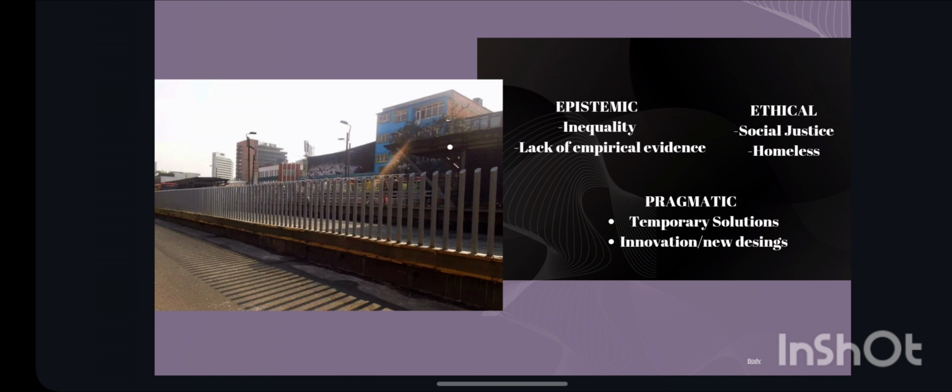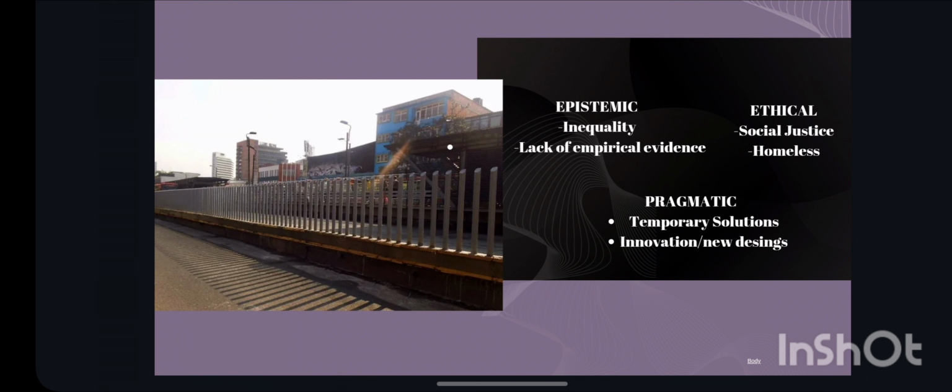The last one is the pragmatic problem, that is, the temporary solution. Hostile architecture often provides a temporary or superficial solution to complex social problems. While it may discourage certain behaviors in specific locations, it doesn't address the underlying causes driving those behaviors, such as lack of affordable housing or social support services.